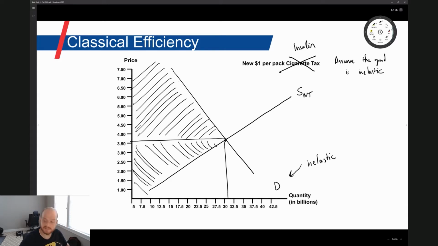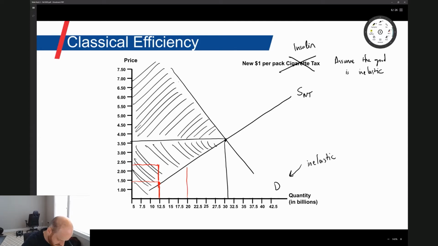And the government comes in and decides to implement a $1 per pen excise tax on insulin pens. So instead of having 12.5 billion pens at $1.40, we're now at 12.5 at $2.40 right here.